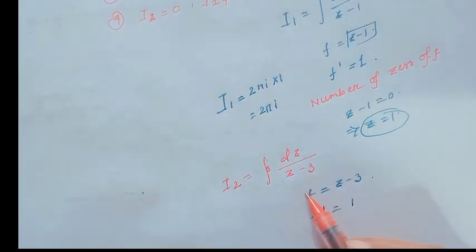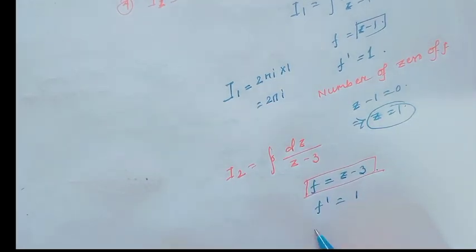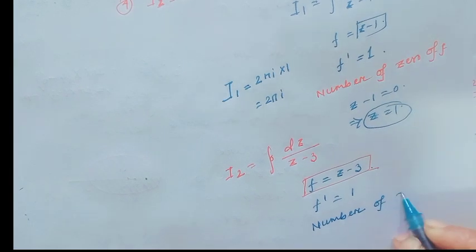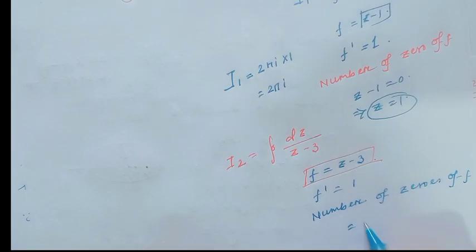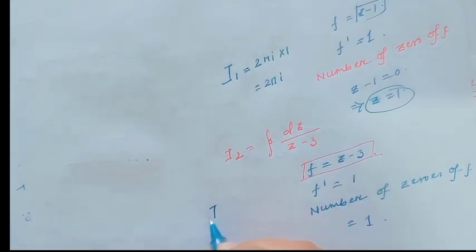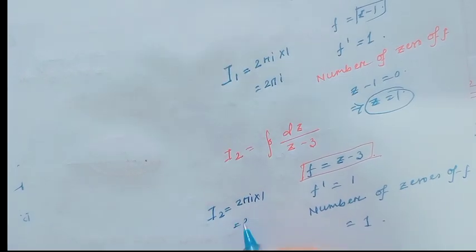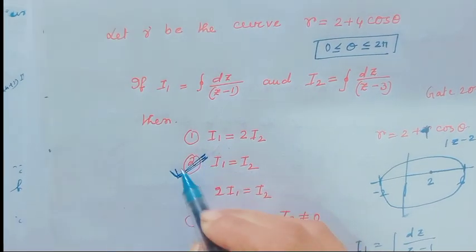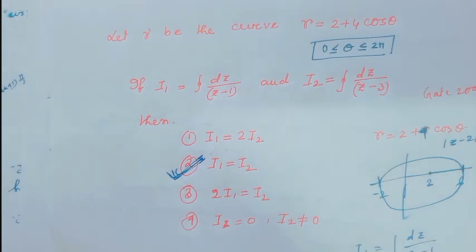Since f equals z minus 3, the number of zeros of f is 1. So I2 also equals 2 pi i times 1, which is 2 pi i. Therefore I1 and I2, these both values are the same. I hope all my viewers have understood this question easily.